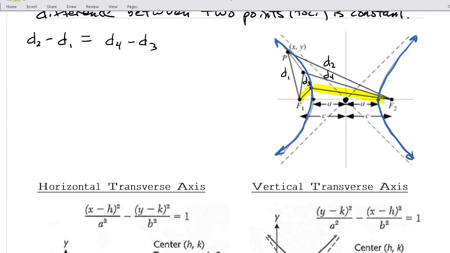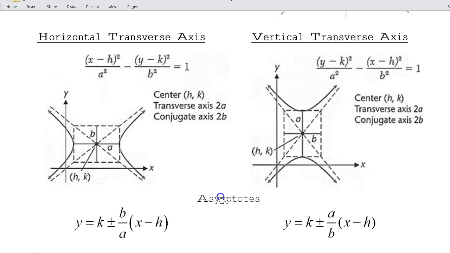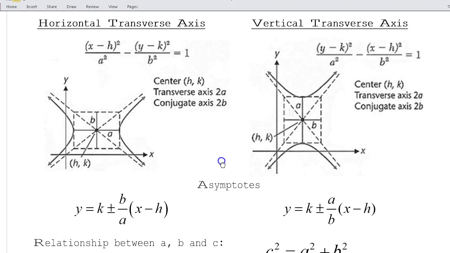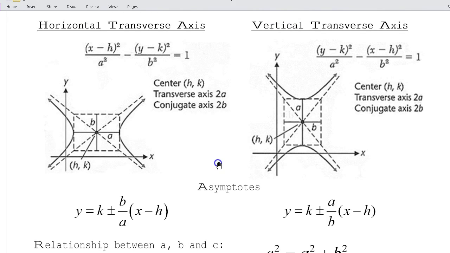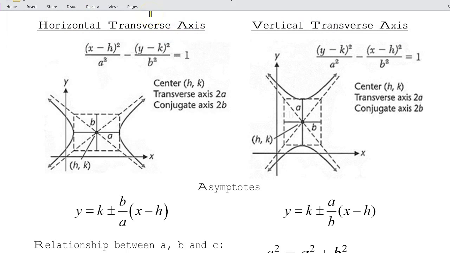And then again, if we turn it, then our A's and C's would be going vertically. So we've got 2 different standard forms here, one for horizontal and one for vertical. And I want to point out with ellipses, basically we were looking for the larger denominator, and that told us whether the ellipse opened up vertically or horizontally.